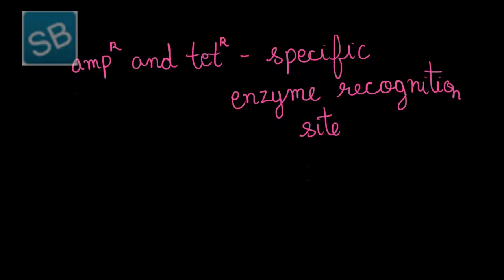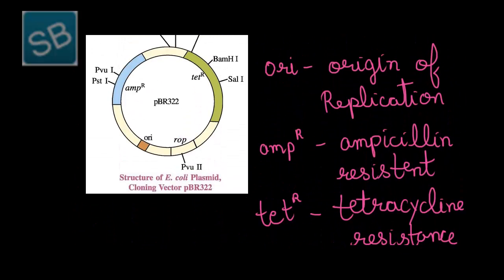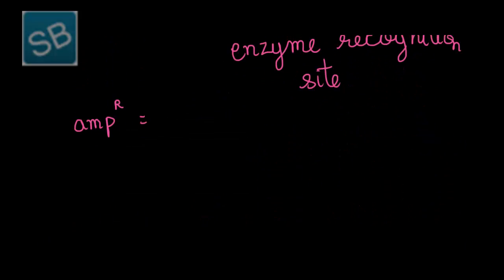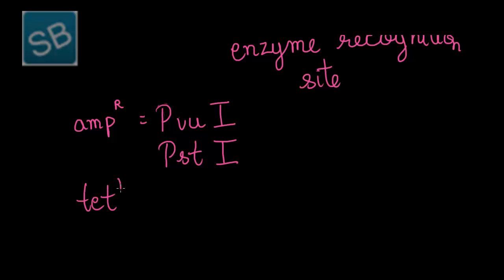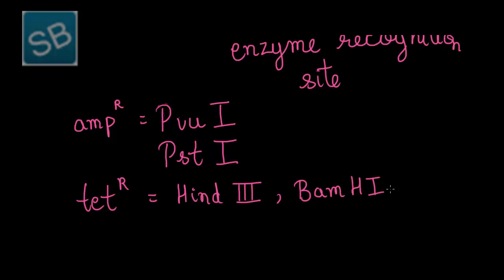Like AMPR, the ampicillin resistance gene, consists of PvuI and PstI. Then the tetracycline resistance gene, that is TETR, consists of various enzyme recognition sites like HindIII, BamHI and SalI.